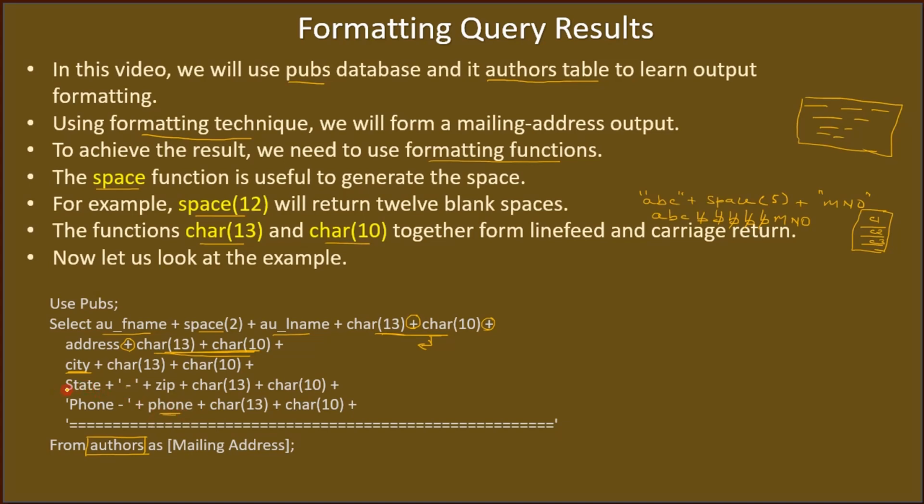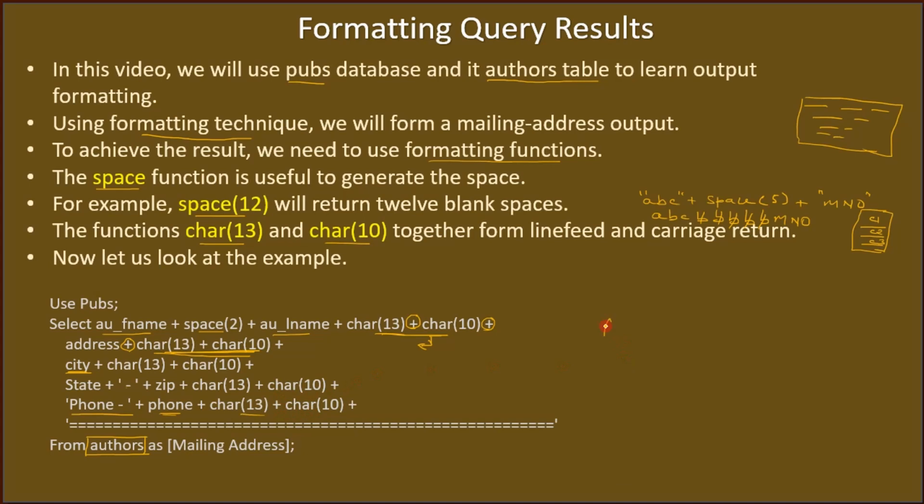If you see, state and zip we are appending with a hyphen, and phone is a static text, then we take the phone from the column. Finally we append a line, some line we are printing here, of course after the new line character.